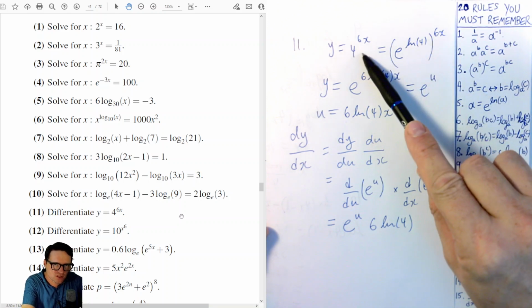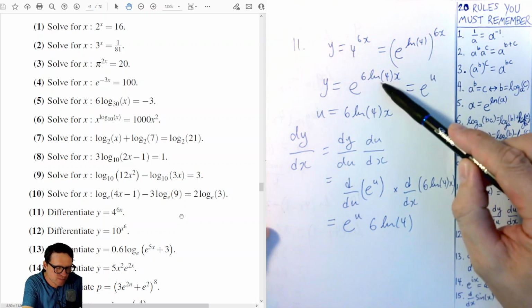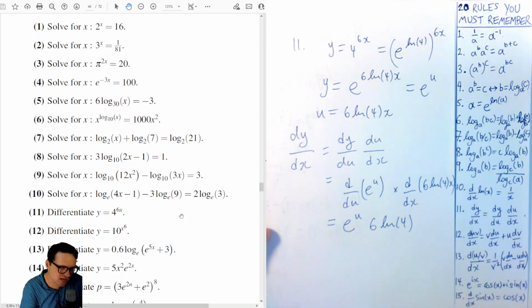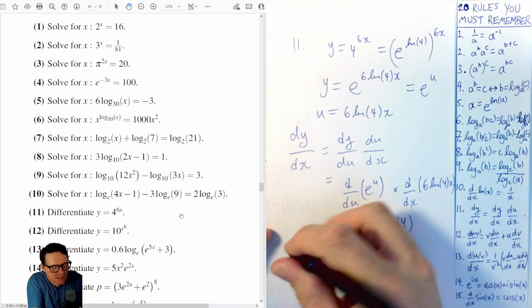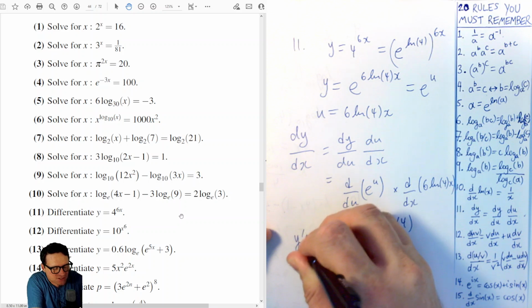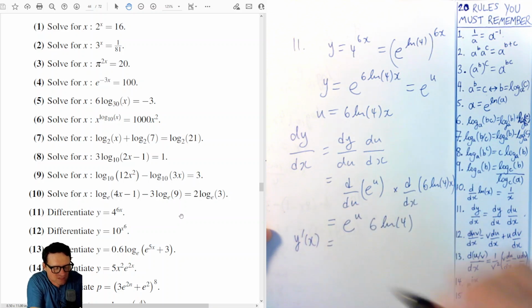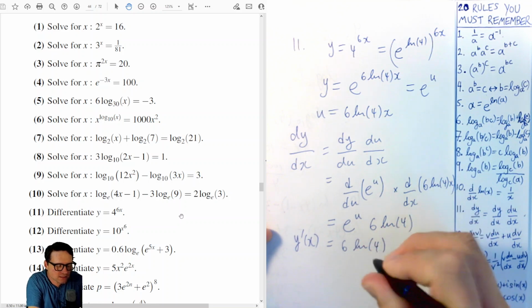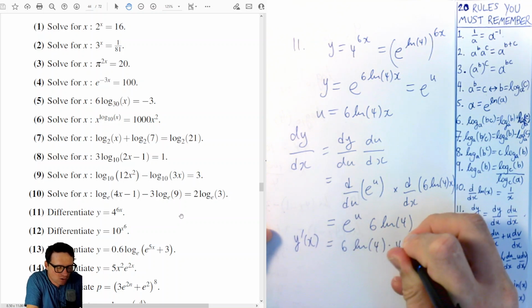It's 4 to the power of 6x, and that would look better on paper than e to the power of 6 ln 4 times x, right? So let's go back to 4 to the power of 6x for this e to the u. I'll put the constant number on the left-hand side so it doesn't get confusing. And then let's swap now to Newton's notation. y dash of x is equal to 6 ln of 4 times 4 to the power of 6x.